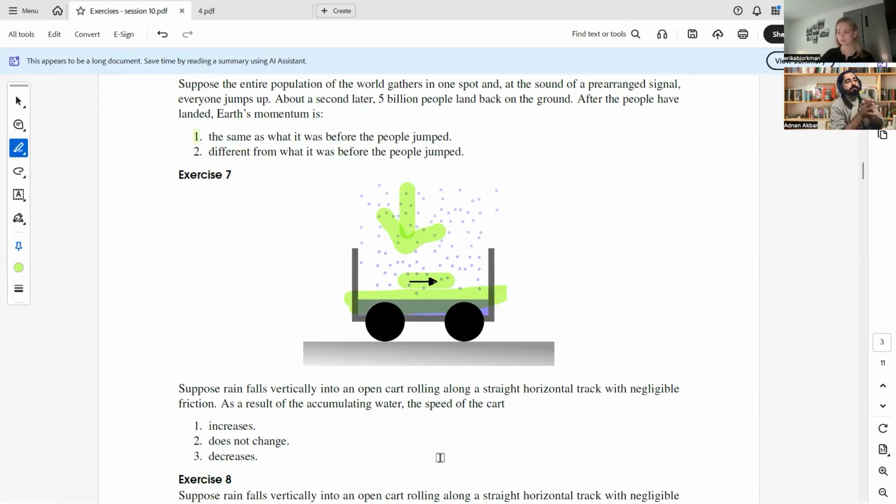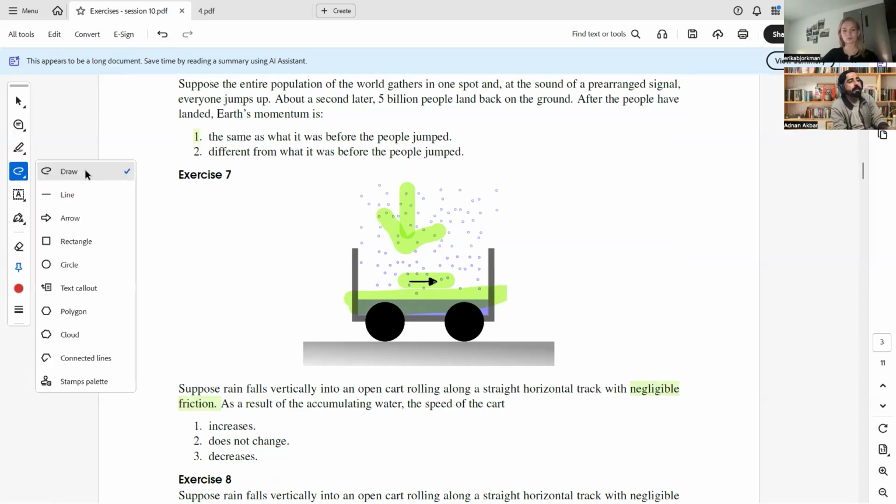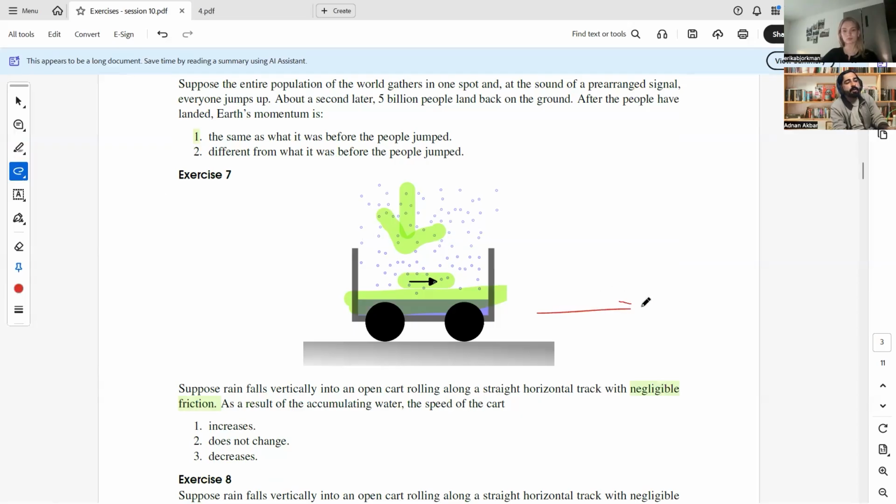decreases. So, first of all, our system has negligible friction, so there is no interference of friction, first thing. As the cart is moving forward while the raindrops are moving downward vertically, these raindrops are not disturbing the direction of motion, or the x component of the motion, of this cart. So the fall of these raindrops will not affect it.